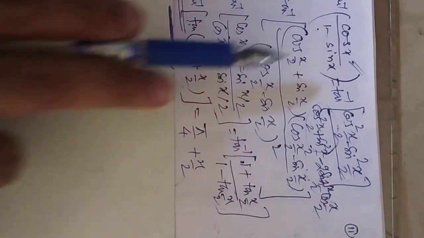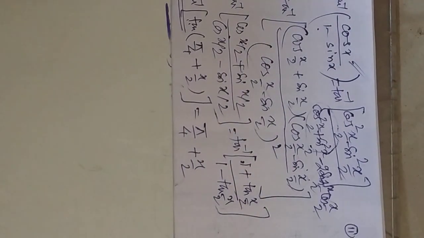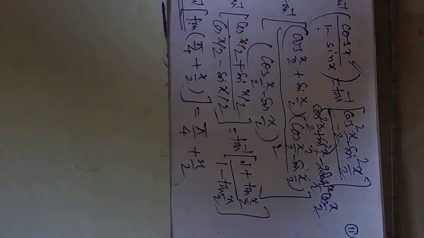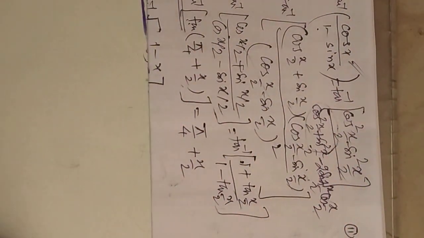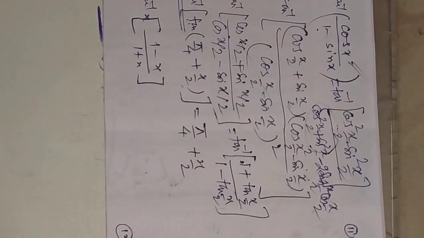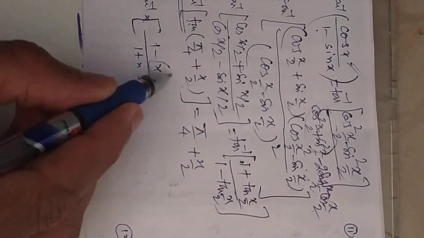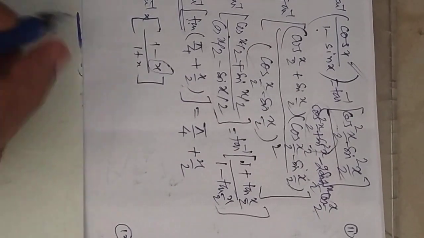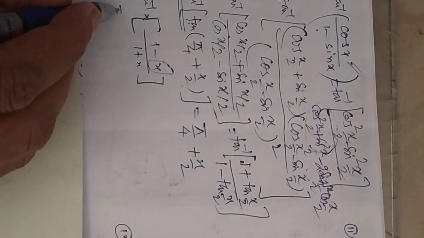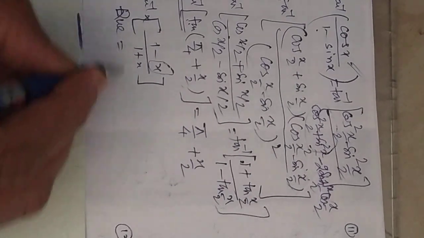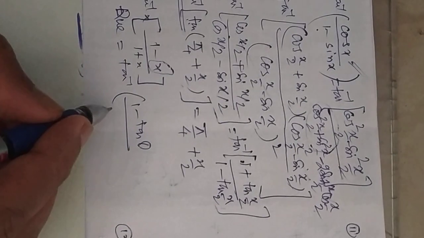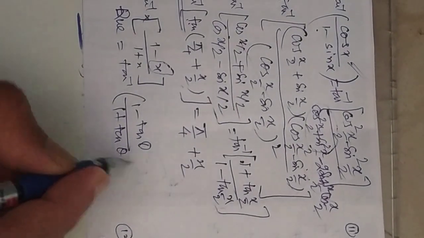The question was in terms of x, and the answer is also in terms of x. No issue as such. Earlier we were replacing something, but the replacement will be in terms of theta, and then again giving back that theta value. Now over here, what is a better replacement? You can replace x equal to tan theta. Therefore, the question will be equal to tan inverse of (1 minus tan theta) upon (1 plus tan theta).